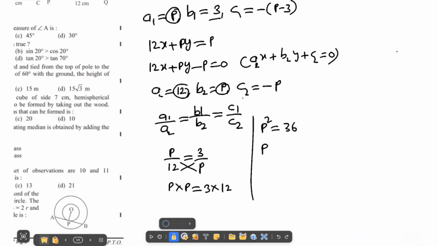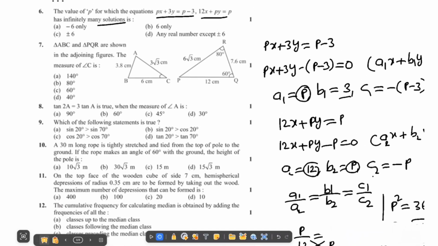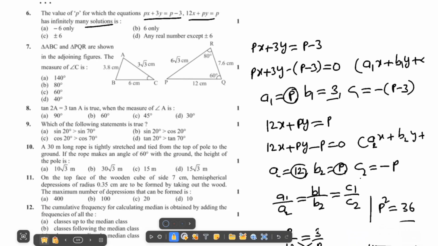Now p is equal to the square root of 36. The square root of 36 is plus or minus 6. So the p value will be plus or minus 6. Now let's check which option is right. Option C is right, plus or minus 6.